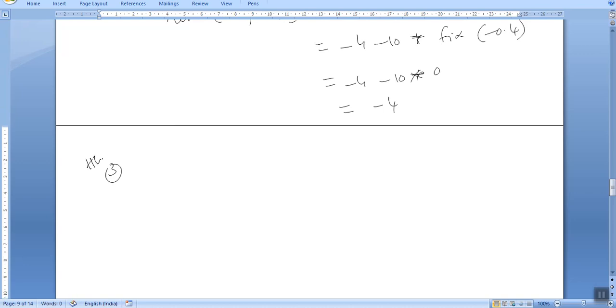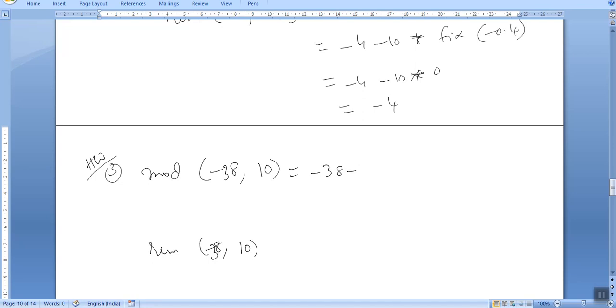This is just for interest purpose. Modulus of minus 8 comma 10. What is the remainder of minus 8 comma 10? Okay, I will take 38. I will take minus 38, 10. What is the procedure?